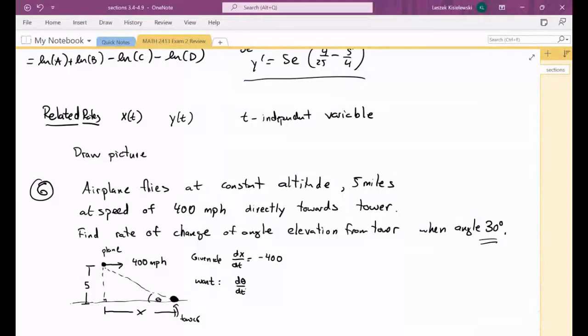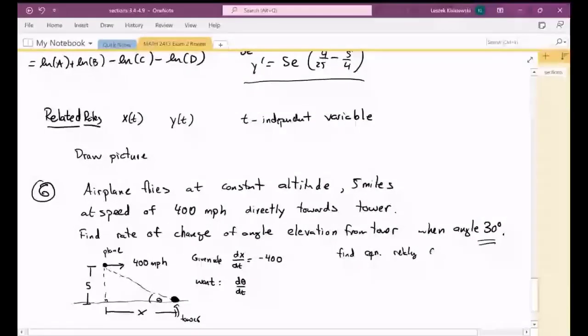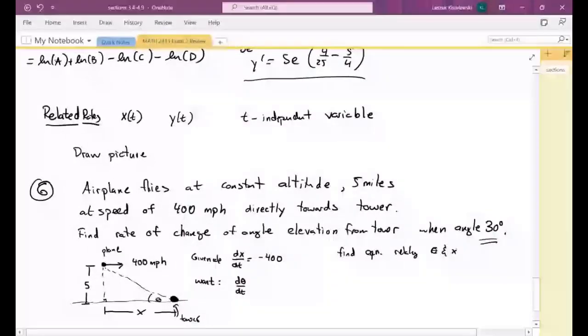Then you need an equation to relate the two variables whose rates you want to relate, right? So we want to find an equation relating theta and x.